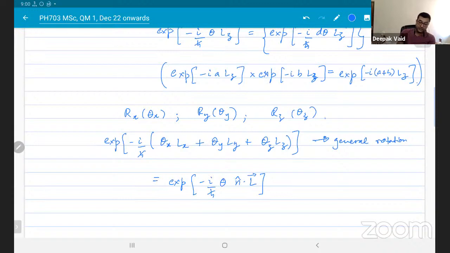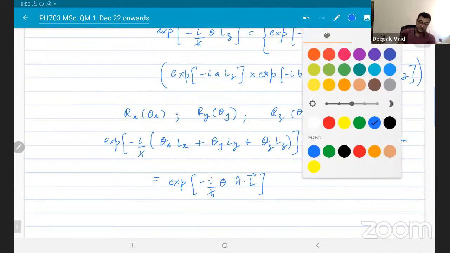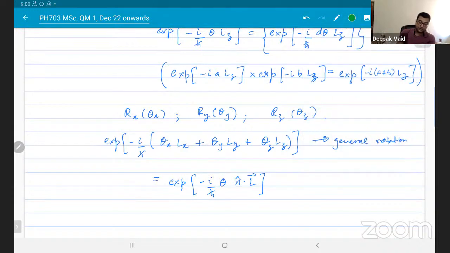Any rotation in 3 dimensions, you have some vector r to perform some rotation, can always be written by taking some unit vector n hat and rotating around this unit vector n hat by some angle theta.